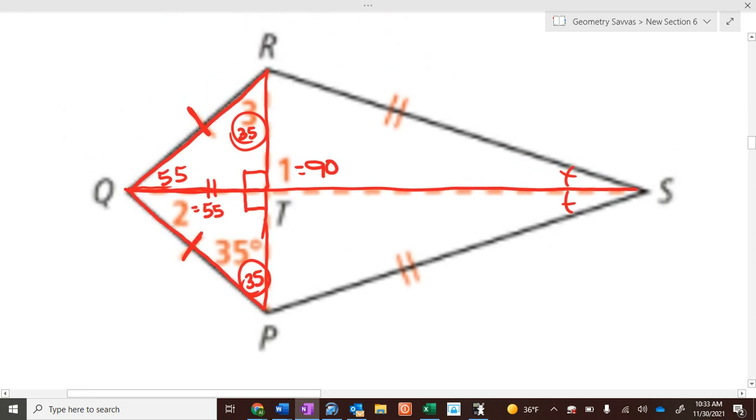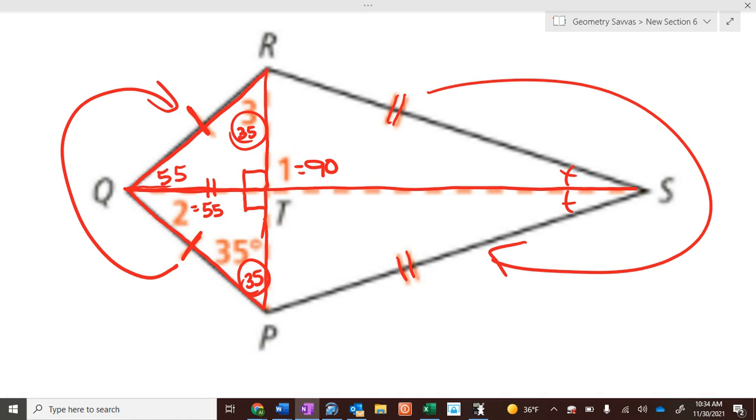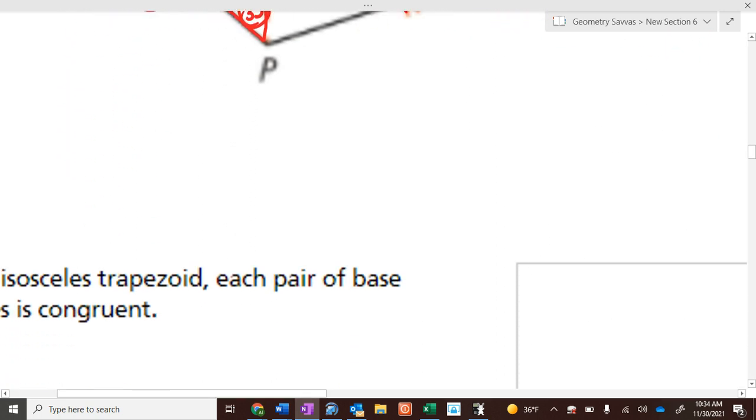The definition of a kite is a quadrilateral with 2 pairs of consecutive sides that are congruent. So these are consecutive sides, 2 next to each other. The other 2 consecutive sides are congruent, but opposite sides are not congruent. If opposite sides were congruent, then it would be a parallelogram, but it's not a parallelogram, it's a kite.